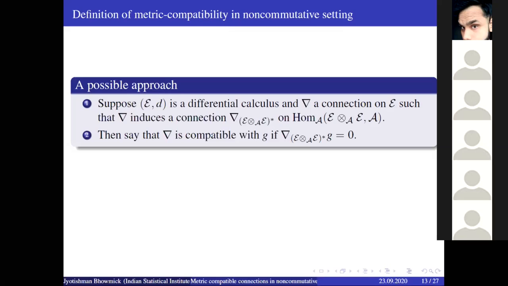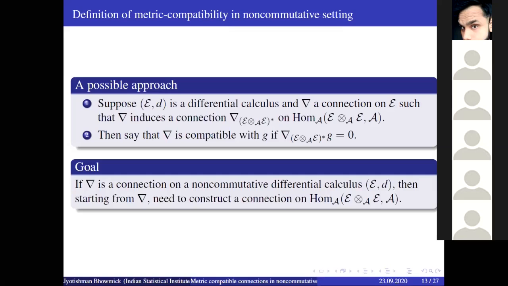Okay, so this is our goal. So if you have a connection, I will try to get a connection here, because once I do this, I can make sense of nabla G is equal to 0, and then I can at least make sense of the metric compatibility condition.